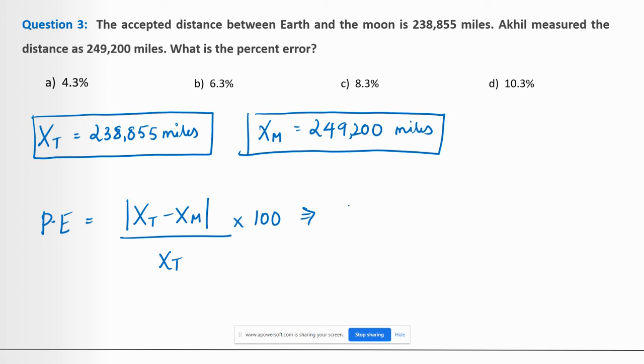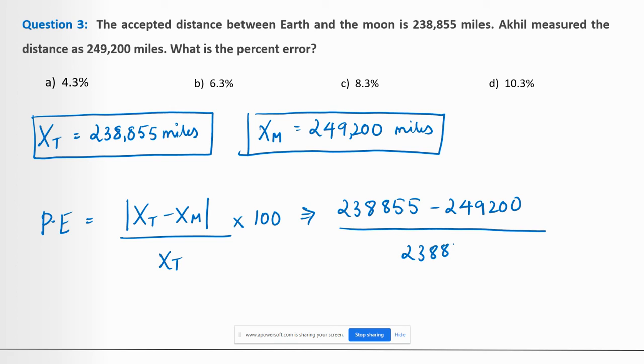So I can write this as (238,855 minus 249,200) divided by, again, 238,855, multiplied by 100.